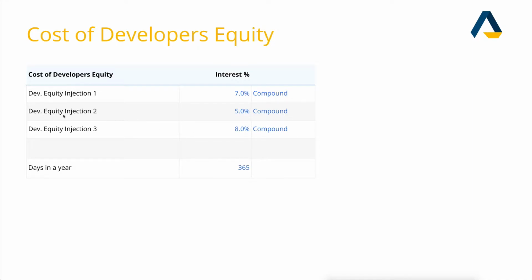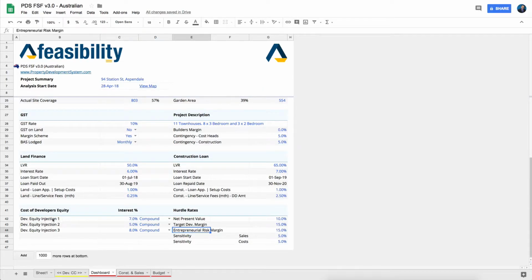You can have equity injection 1, 2, 3. All you have to do is put in the rate when the money comes in the first, second, or third time. It may come in at 7.5% and 8%, or at 7% everywhere, or at different percents.